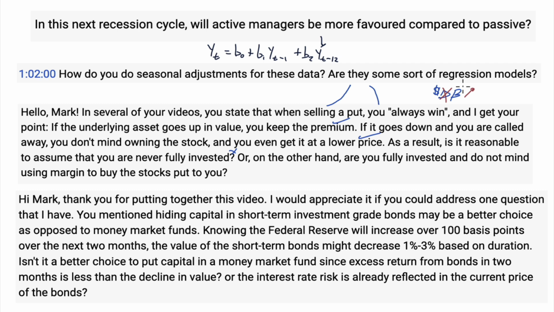I'll keep a very, very low cash balance, and I will not mind using margin. But with interest rates where they are right now, if you're using margin, you need an underlying that's going to perform very quickly, or that at least is going to outperform the margin interest rate that you have. We don't have that right now.